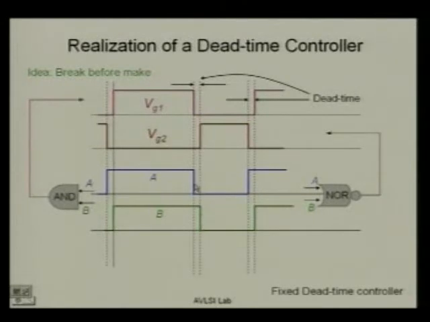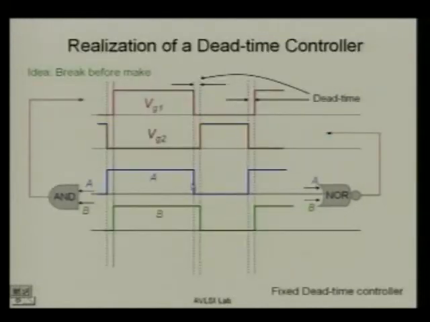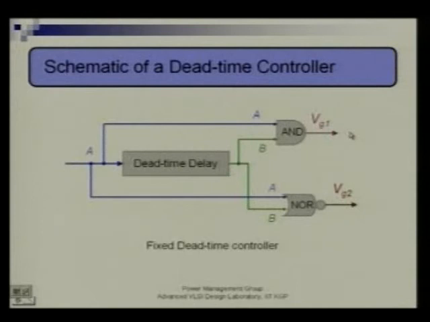You calculate these values, and this is the schematic of a dead time controller. When you get this switching signal, there's a dead time delay. This will delay B by a certain extent, and you get this VG1 and VG2 after getting this delayed A and B. So this is what the dead time controller is all about, and this is very important.